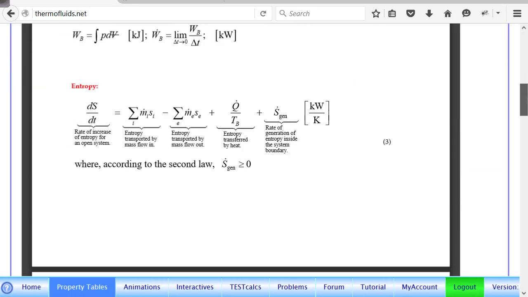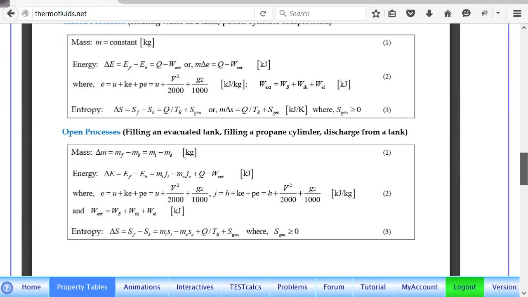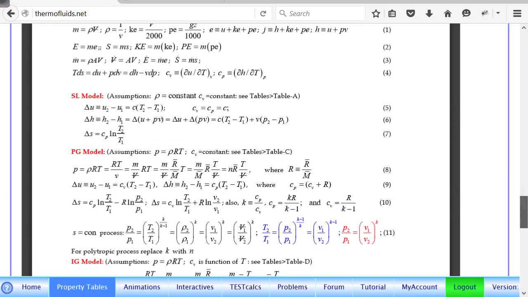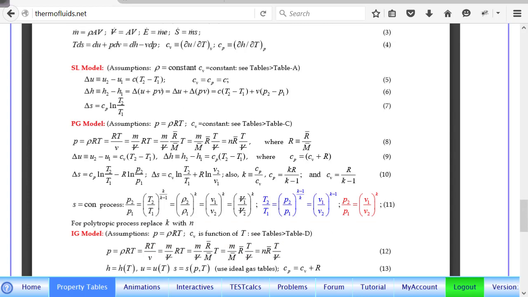Go all the way to the bottom of this and you will find all the different material models, the equations, all the models separated. So this is our PG model. And in the PG model, you can see equation 11 is the isentropic. If entropy remains constant, use one of these convenient relationships. So look, if you know the temperature ratio, the pressure ratio can be found, and vice versa. So we pick up this formula and go back.